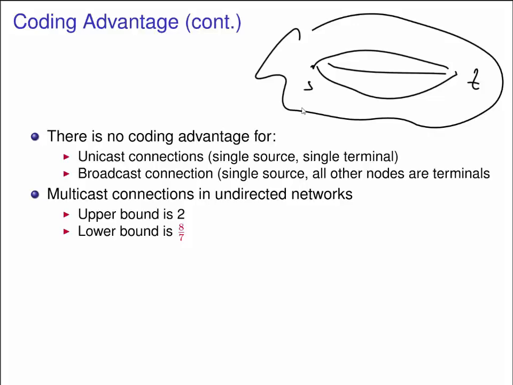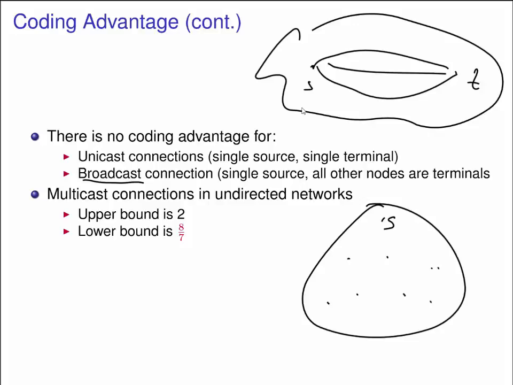In broadcast connections, the source needs to send data to all nodes in the network. So every node in the network needs to decode the original packets, or equivalently, each node in the network can be considered as a terminal node. So when we need to send data to all nodes in the network, network coding doesn't give any advantage.